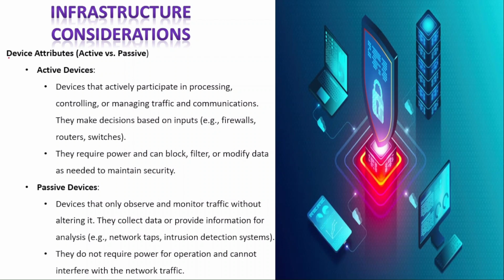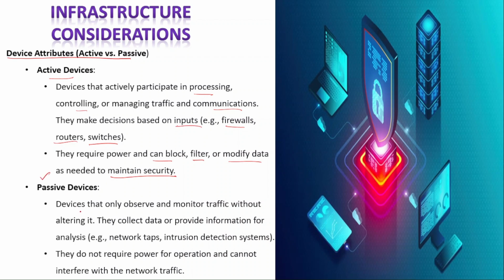Another term is device attributes, that is, active and passive devices. Active devices are those that actively participate in processing, controlling, or managing traffic and communications. They make decisions based on inputs, for example, firewalls, routers, and switches, and they require power and can block, filter, or modify data as needed to maintain security.